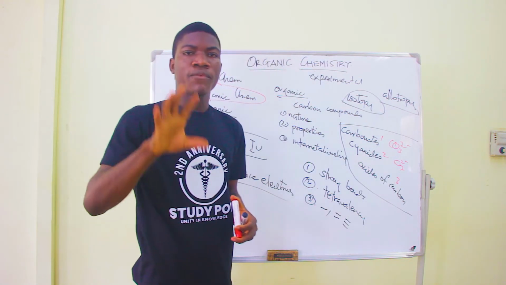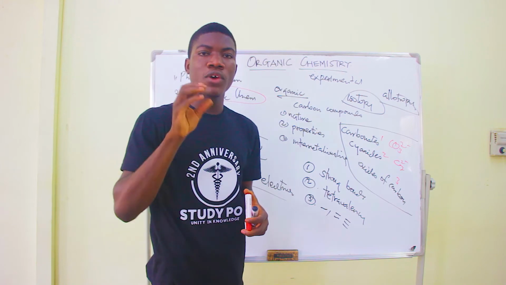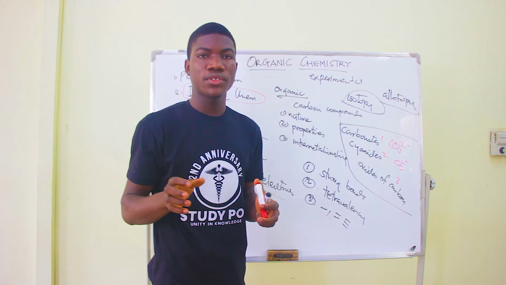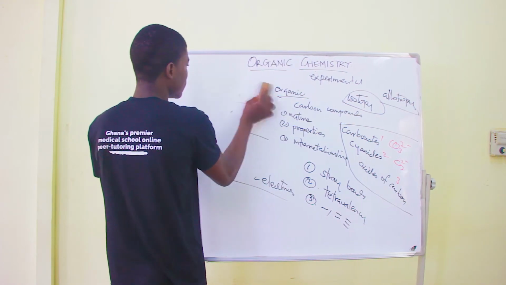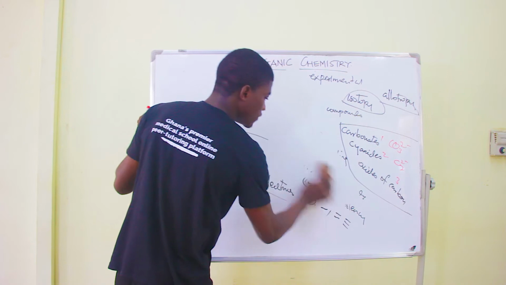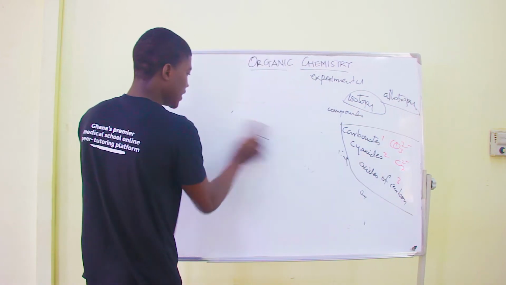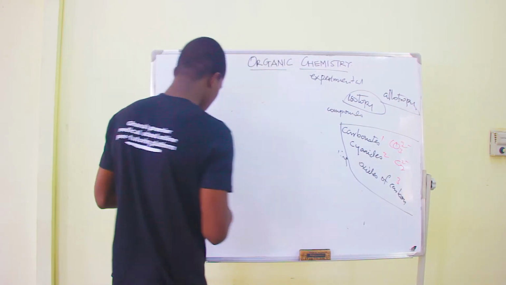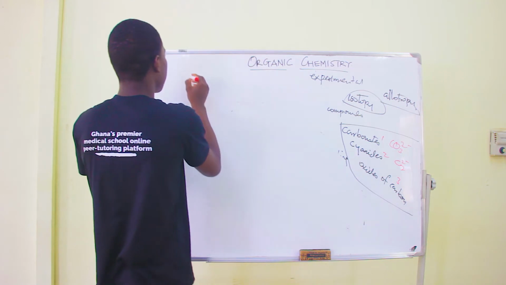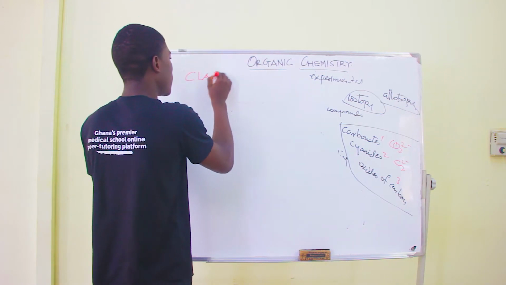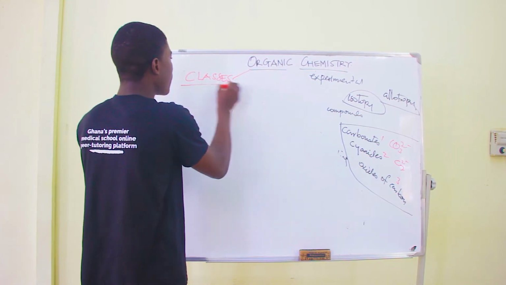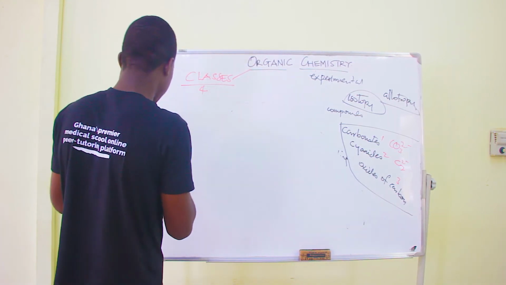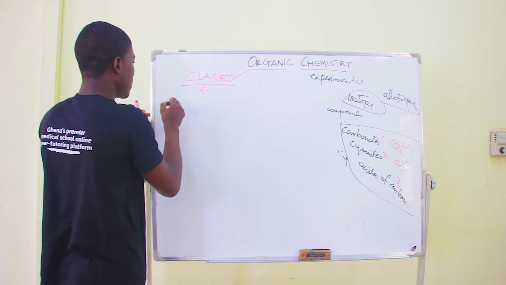Now, we have 4 classes under organic chemistry. Now let's look at organic chemistry and the classes. I have very little space, so you have to be writing alongside. Now, we are looking at classes of organic chemistry. We have 4 main classes. These classes are 1.